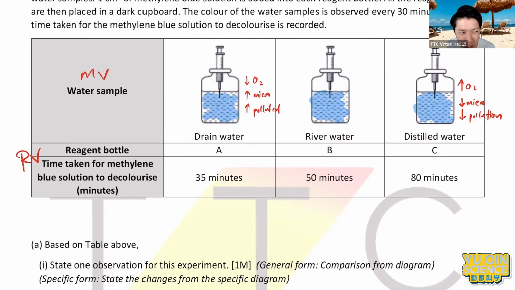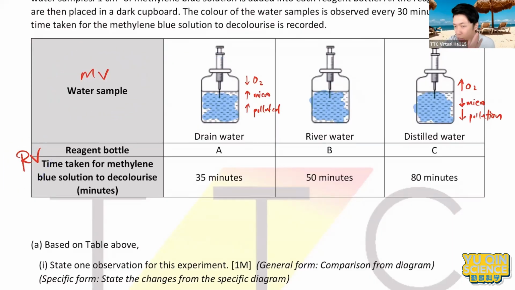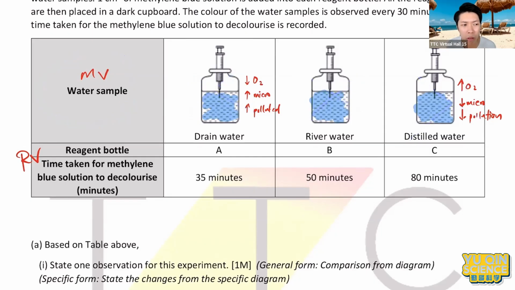Is it measurable? If the manipulated or the responding, either one, is not measurable, in this case, water sample is not measurable. How do you measure type? Is this type or that type? You can't measure type.